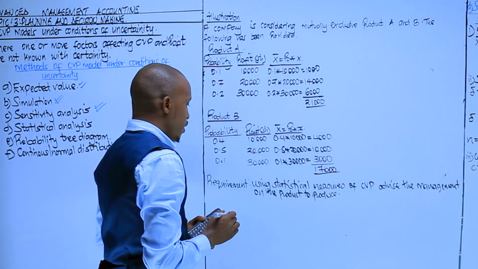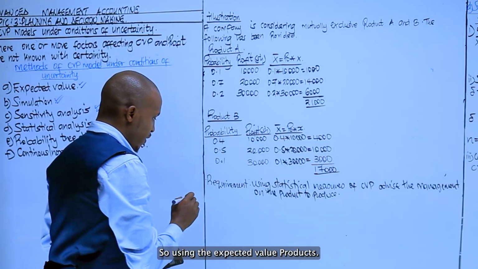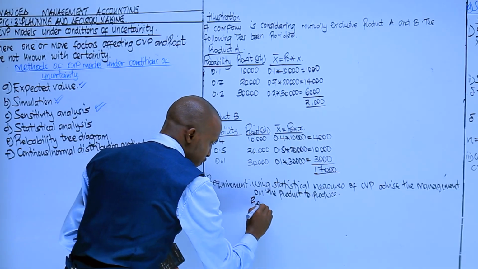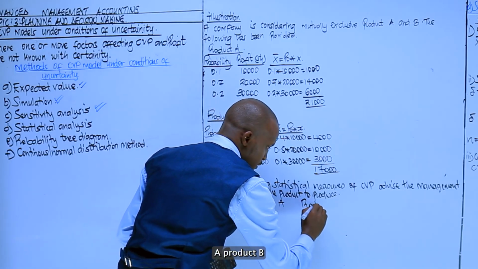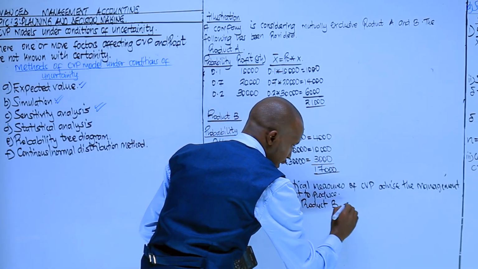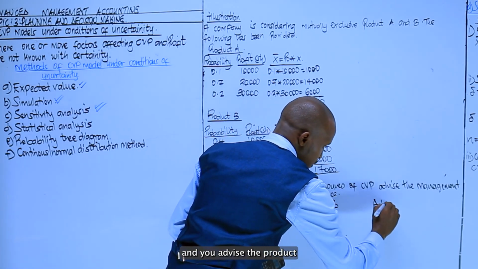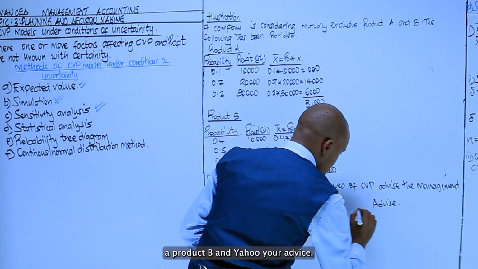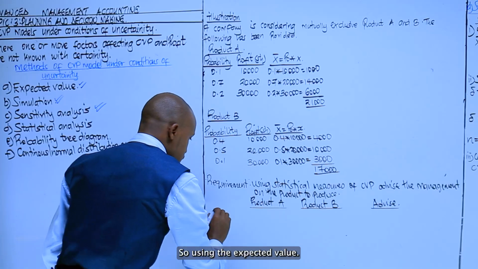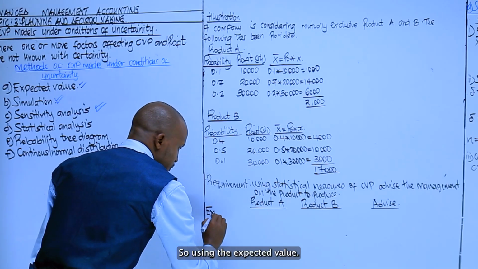So using the expected value, product A, product B, and your advice.